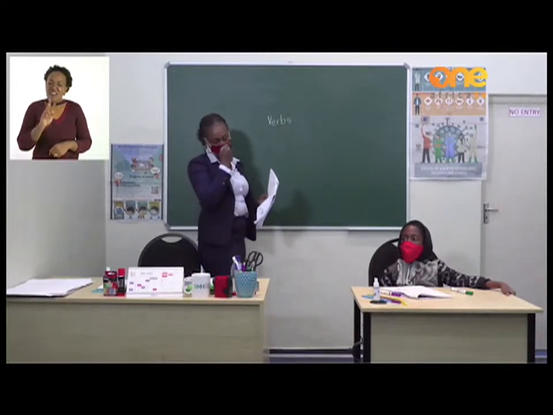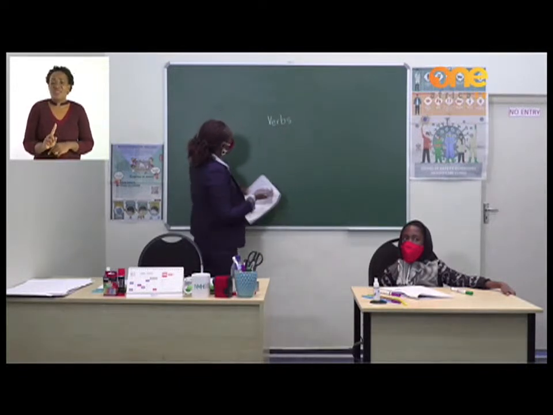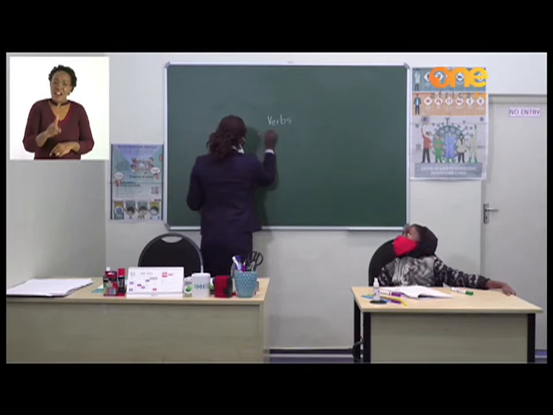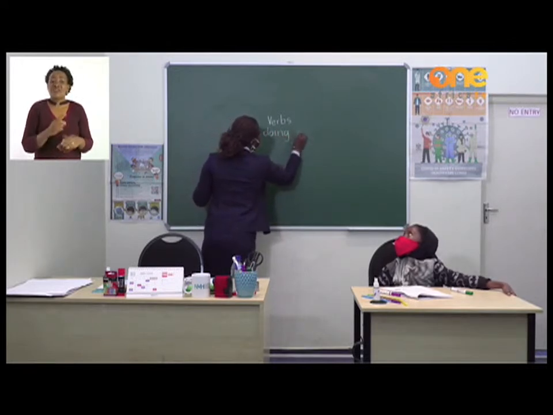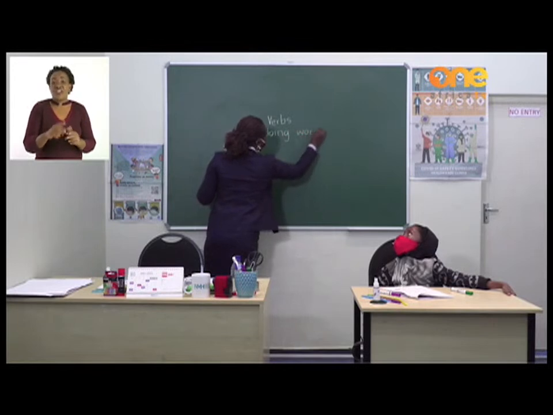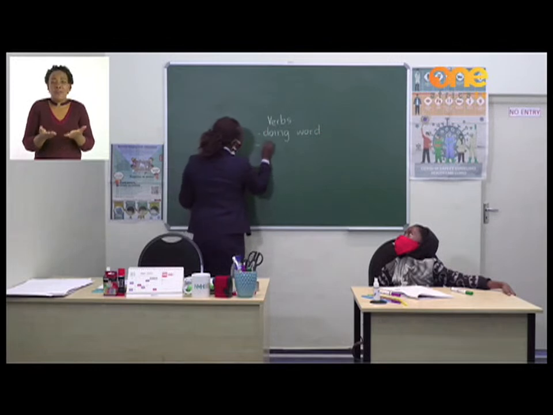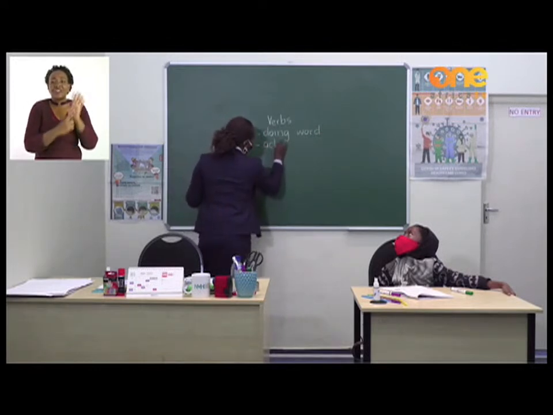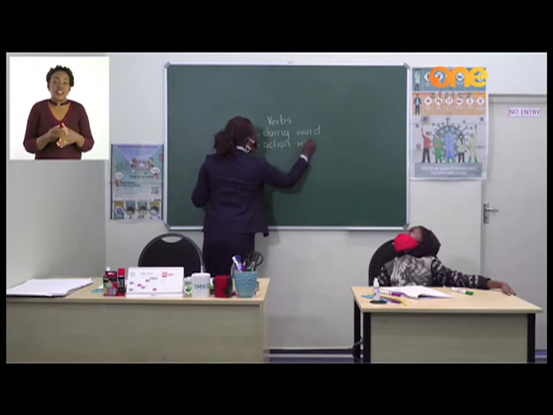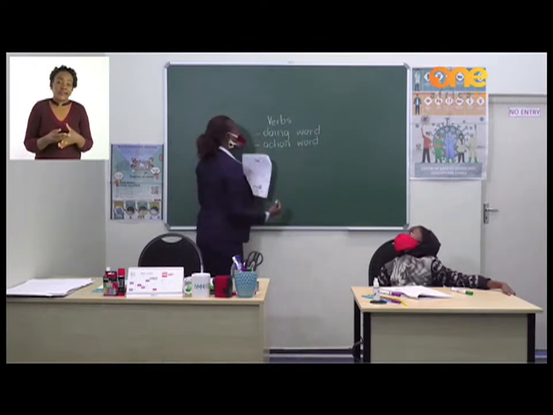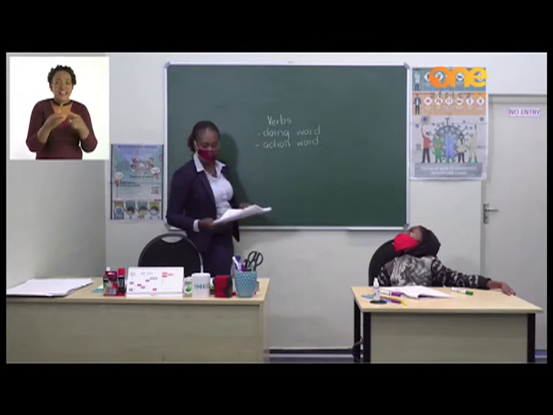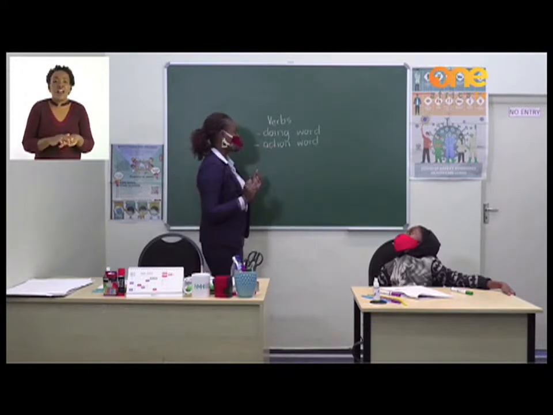What is a verb? A verb is a doing word. It's a doing word, or we can call it an action word. We have different examples. You can clap.